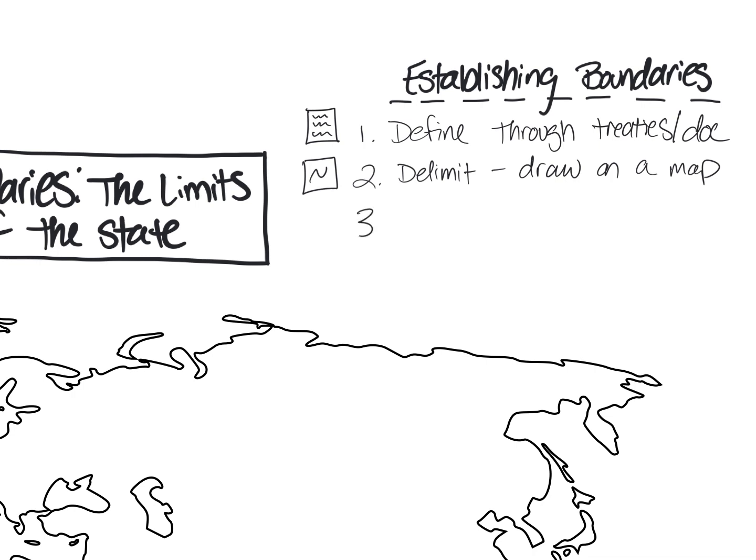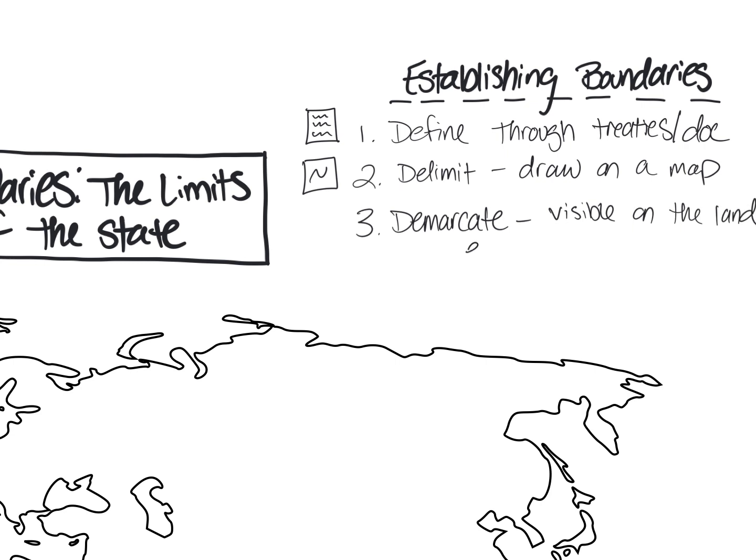After that is demarcation. To demarcate means to make it visible on the land. To show where your boundaries are.